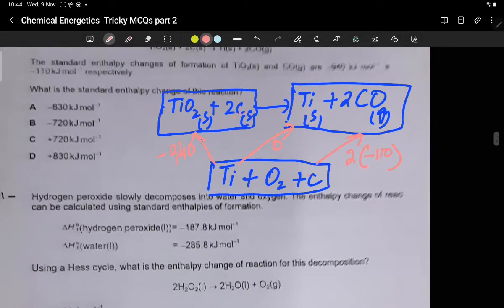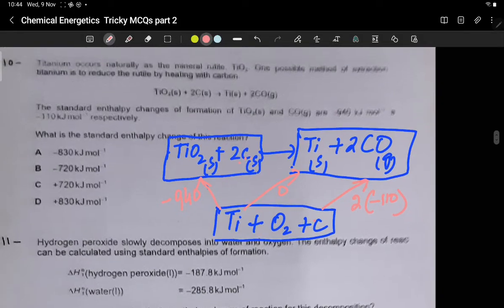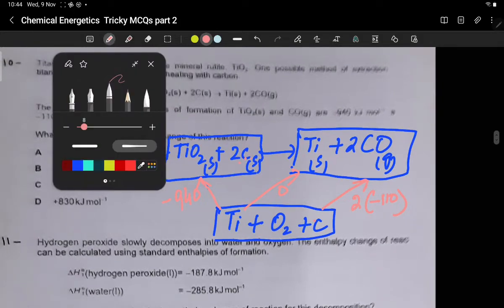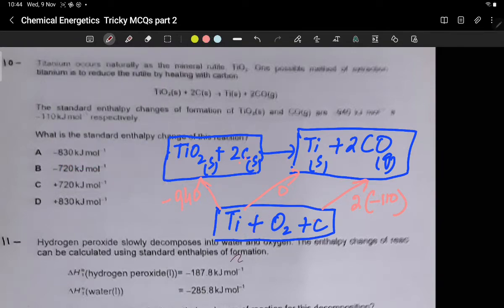Now draw the route. This is the starting point, elements are the starting point, and this is the ending.